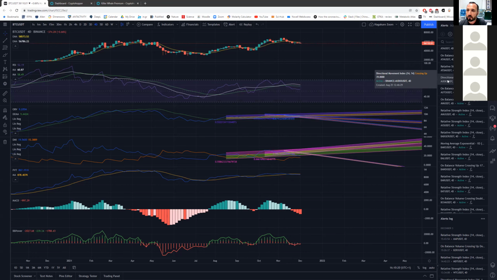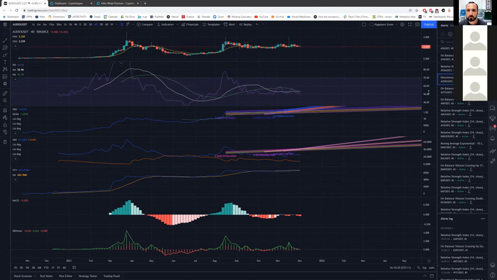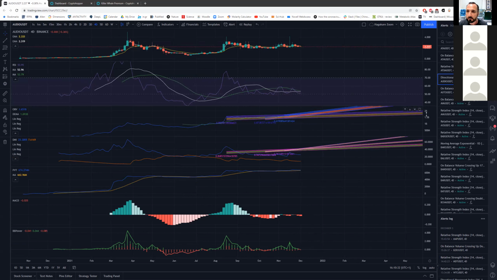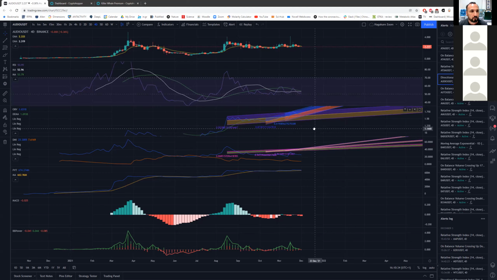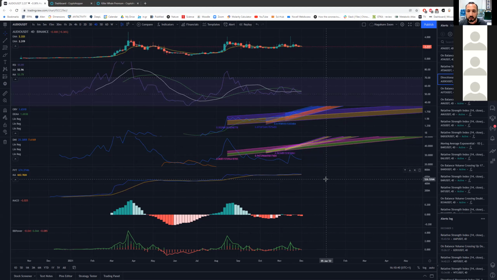Look, for example, let's say for audio. You see that the RSI has not been reached. You see that the unbalanced volume looks good, and the DMI looks good, and this one looks good.